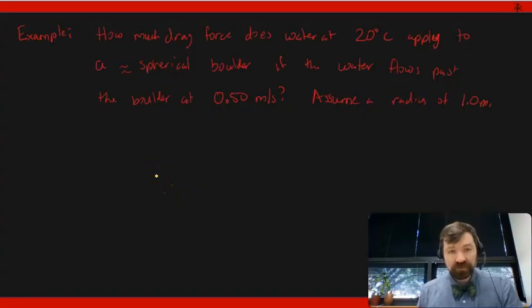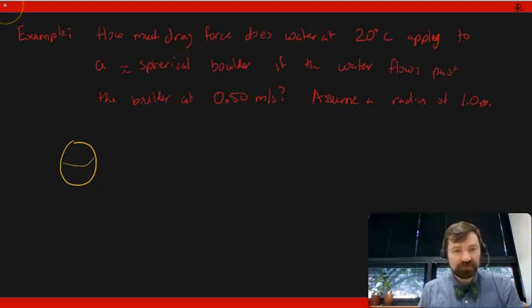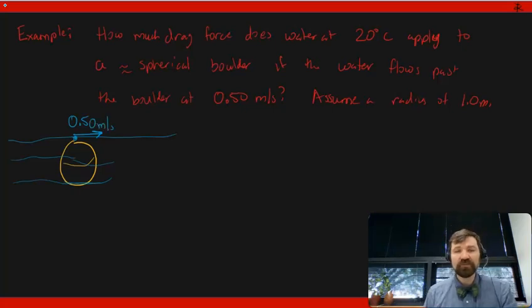Alright, so for an example, let's say that we have a sphere-shaped boulder that's in the water. You got water flowing past the boulder, and basically it's going to have to flow around it somehow. And the water speed as it moves past is given by 0.5 meters per second. So it's not especially fast-moving water.